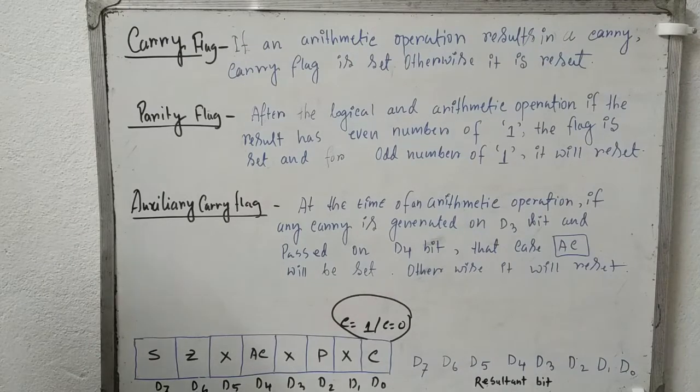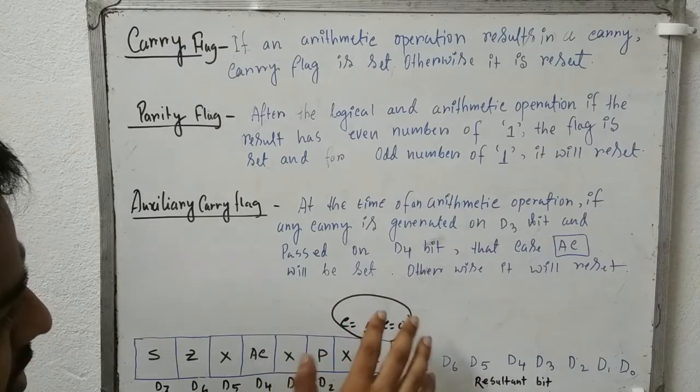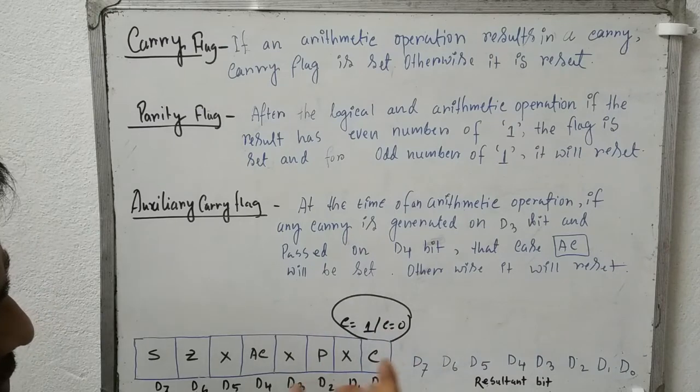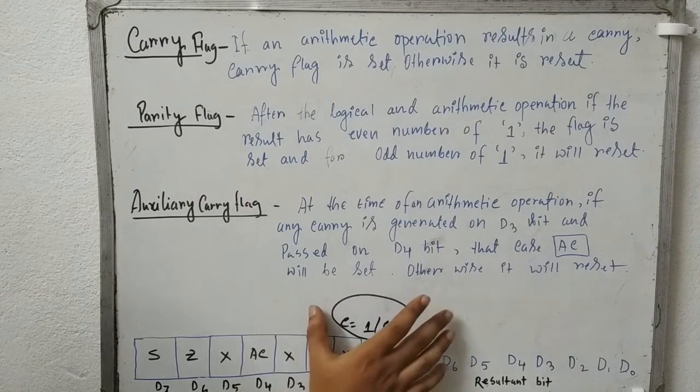But if you are performing a subtraction operation, there will be a borrow flag, which is the same as the carry flag. If we find any carry, or the result is larger than 8 bits, then we set the carry flag. Otherwise, for an 8 bit number, the carry flag will be reset. So that was our carry flag.